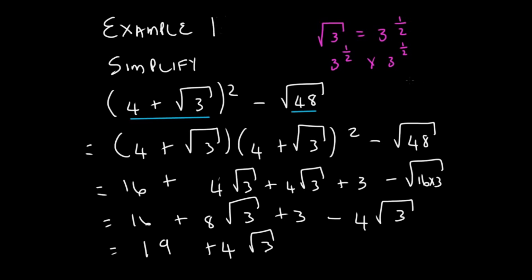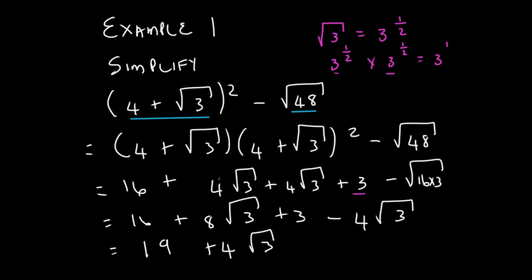And you know your laws of exponents. When the bases are the same, what do we do to the exponents? We add them. And a half plus a half is 1. So 3 to the power 1 is the same as 3. That's why the square root of 3 times the square root of 3 gives you 3.